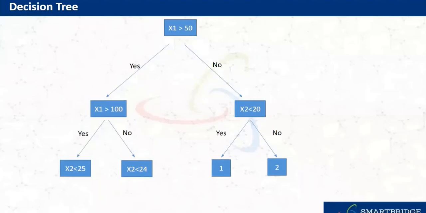Now based on this decision tree, tell me where the split comes. Where does the split come? x1 is 100, x2 is 40.